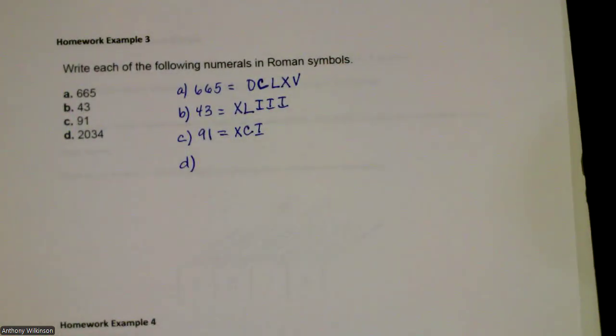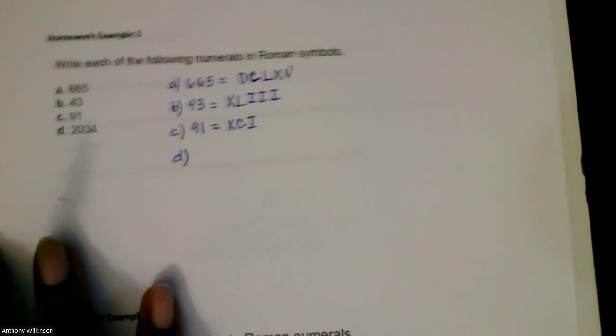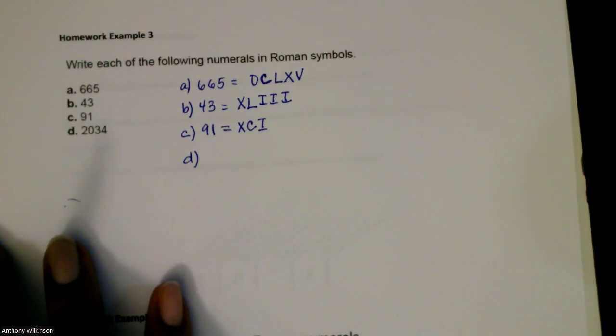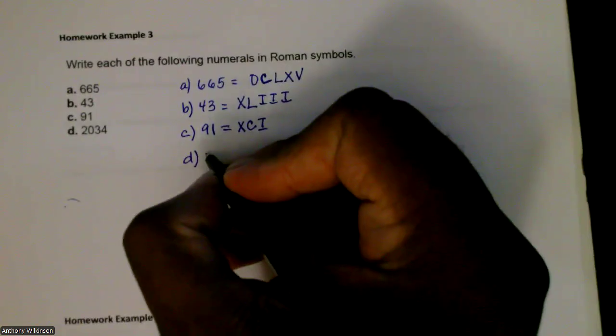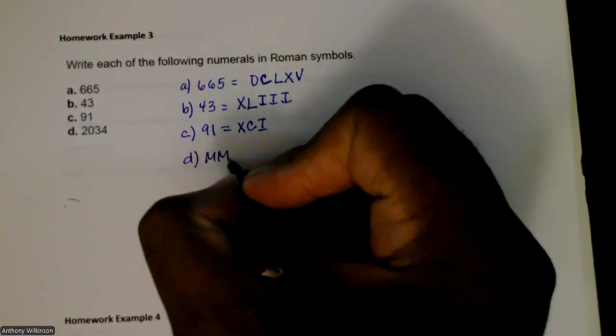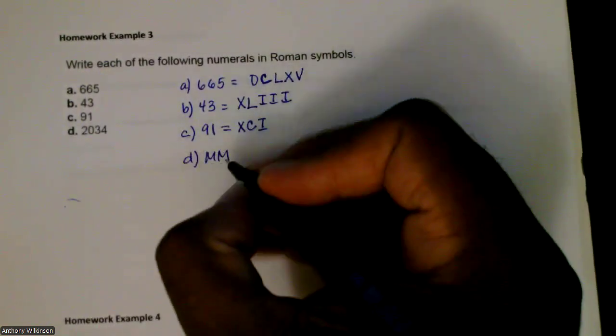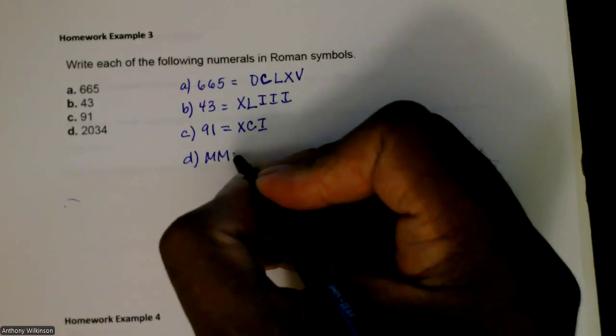And part D, 2034. Well, let's look at this here. 2000. 1,000 is going to be the M, because M is the Roman numeral for 1,000. So I need 2 M's for the 2000. For 34, well, X is the Roman numeral for 10.